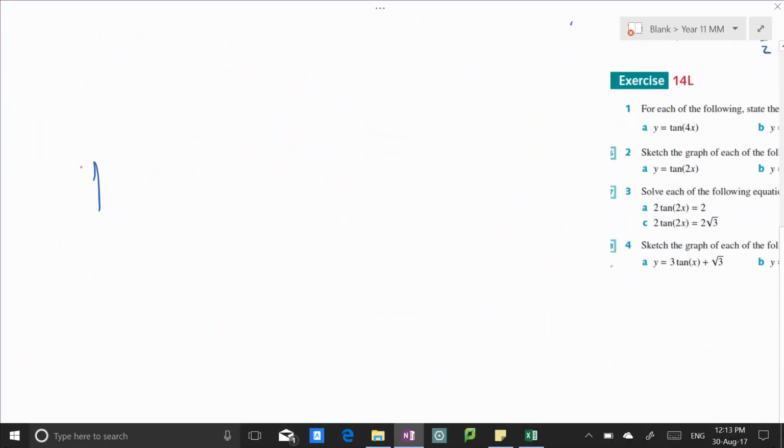So y equals, they currently wrote a tan of nx. What they're missing, well, I normally do bx plus c, bx plus c plus d. They're all the same thing. So this just means up by a certain amount, left, right, dilation, shrinks it, and dilation again.